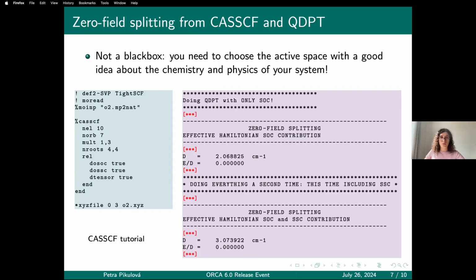And the things that you need to pick are firstly the active space that needs to represent your system well. Here I just started with the MP2 natural orbitals. And second of all, to get your property, you need to ask for some excited states, not only the ground state. And you need to be aware what kind of states can contribute to your property.